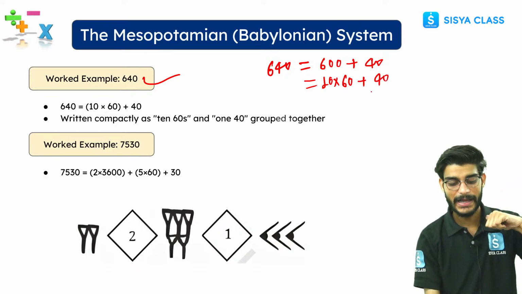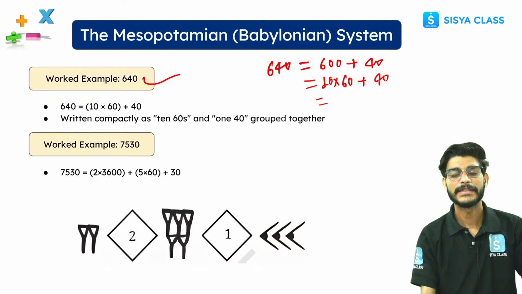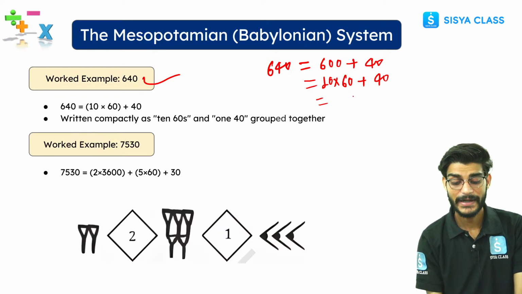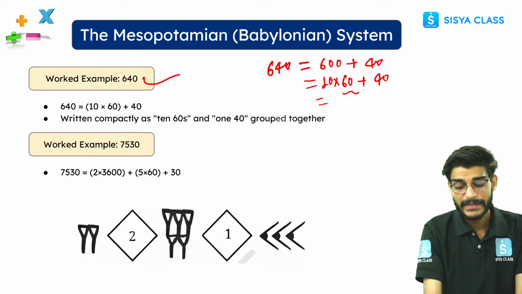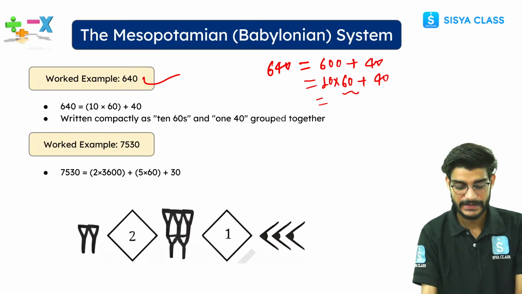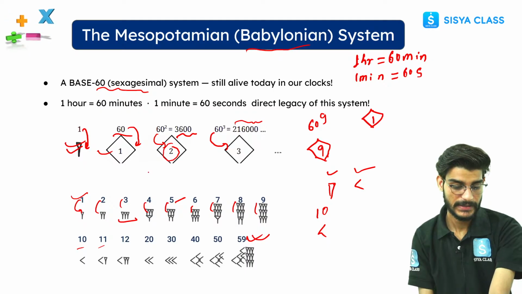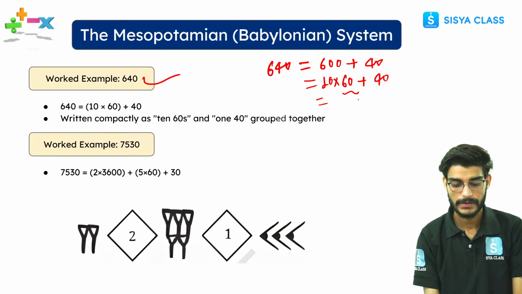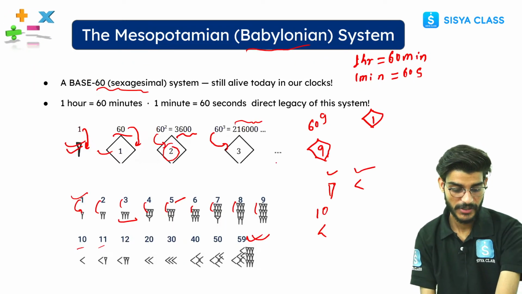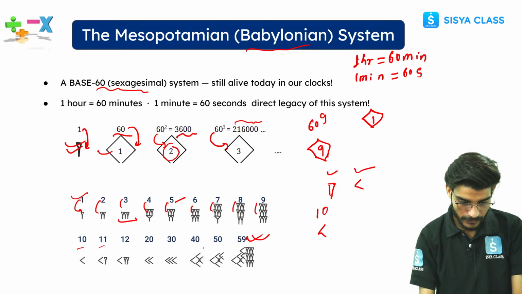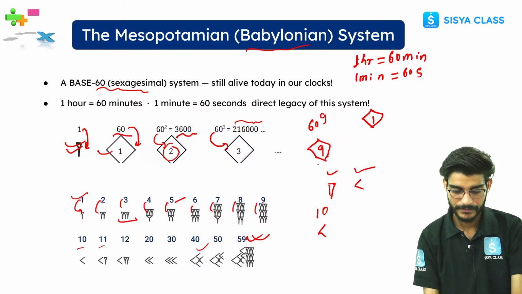So for 40 I'll have symbols, and for 60 I have symbols. Okay, fine. Then how will you denote the 60? 60 can be denoted as 60. So I have this notation for 60, and then for 40, what is the notation? For 40, this is the notation.